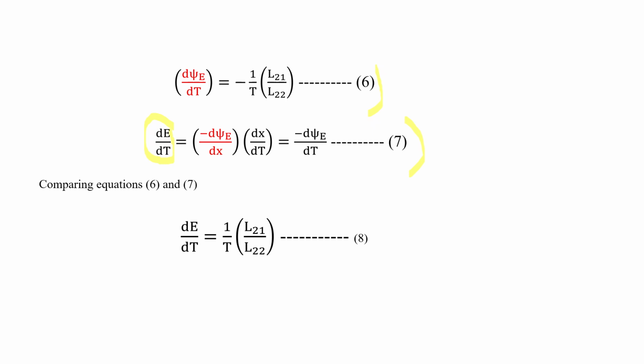So instead of this minus dψE by dt, we can substitute this minus 1 by T L21 by L22. So this minus gets cancelled, it will become plus 1 by T L21 by L22. Please note that we have already derived equations 6 and 7 in the previous slide itself.